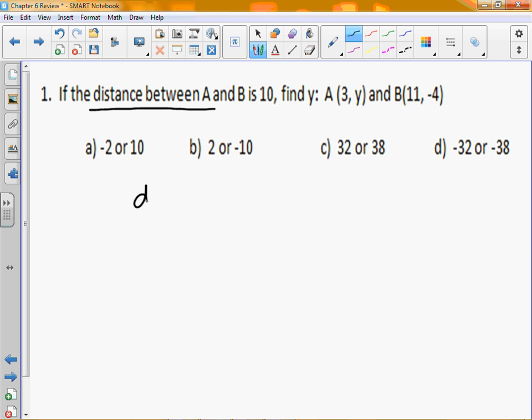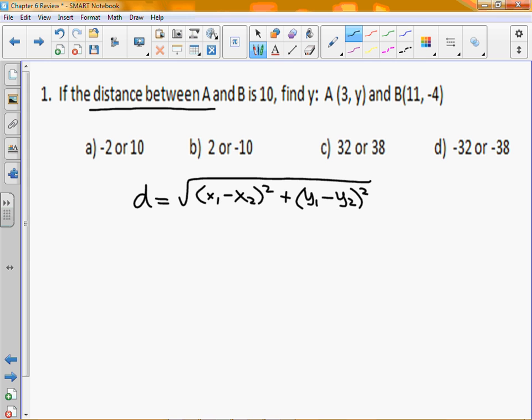So you write D equals the square root of x1 minus x2 squared plus y1 minus y2 squared. Now, this is an oversimplification of the concept, but guys, what if you write the distance formula wrong? Do you have any chance of getting the problem right? No, you got to write that part correctly.